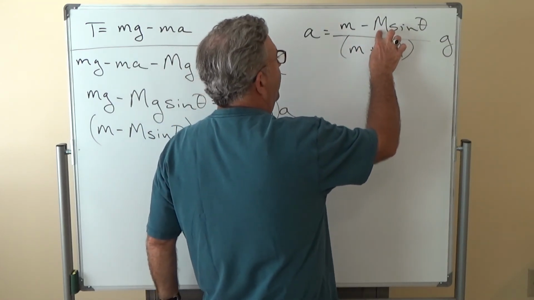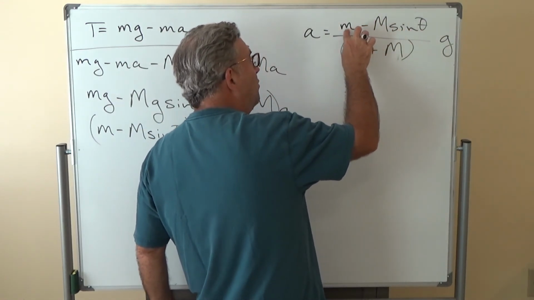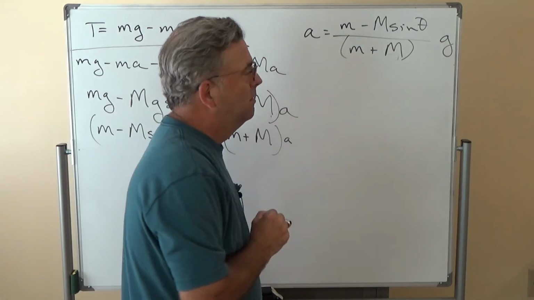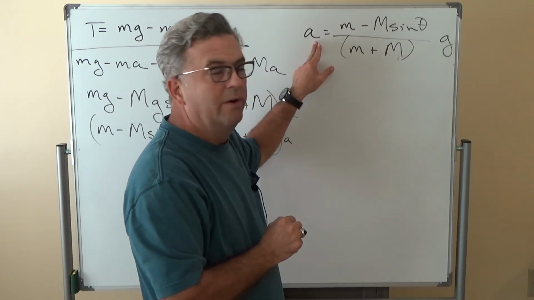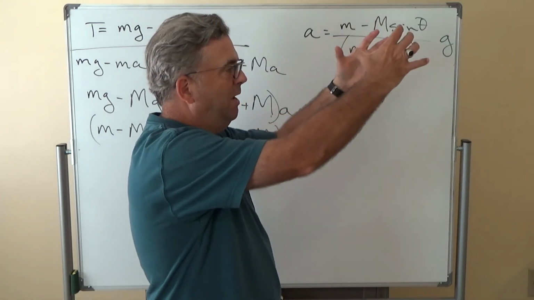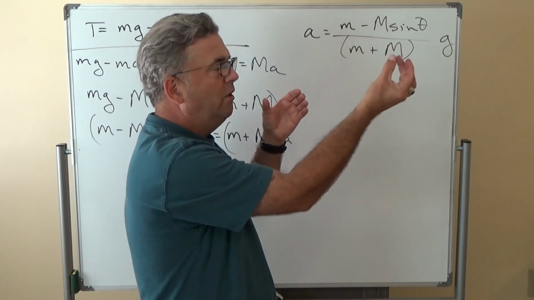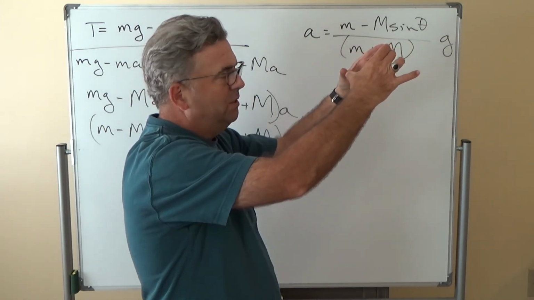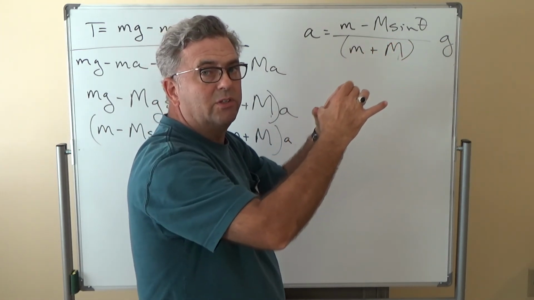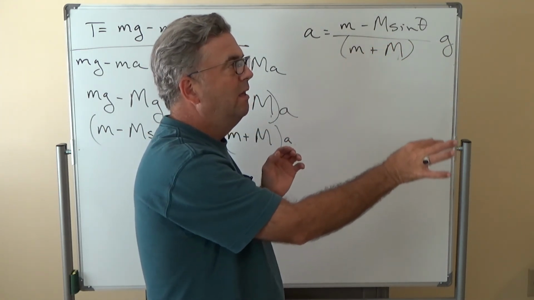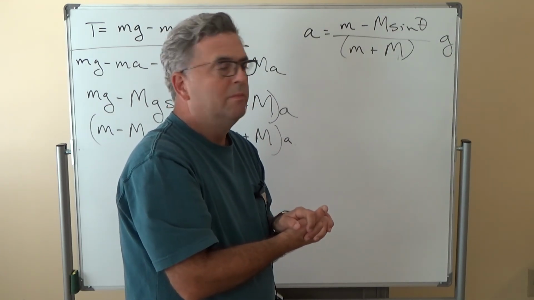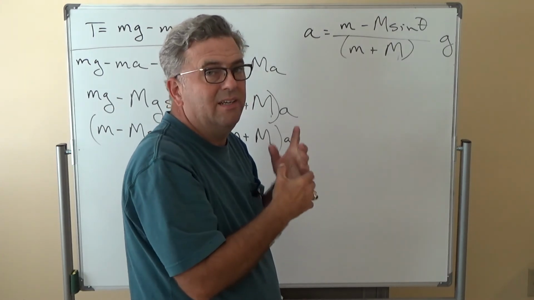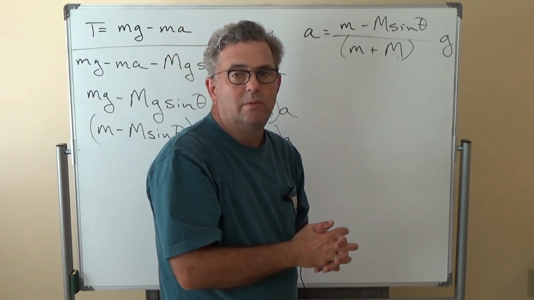If big M sine theta is greater than little m, what's going to happen? That gives you a negative in the numerator. That means the big object is going to pull the little object up. So the big object that's on the incline is going to slide down the incline and pull that hanging mass up. That would be a net negative acceleration.